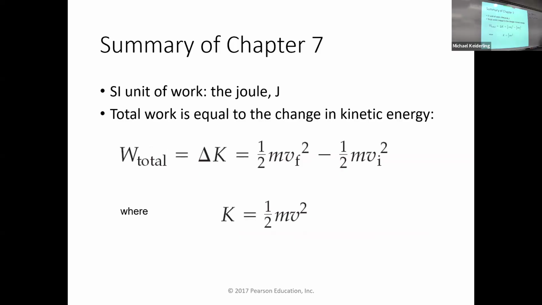The unit of work is the joule, and total work is equal to the change in kinetic energy, which is 1/2 m v final squared minus 1/2 m v initial squared, because kinetic energy is 1/2 m v squared.